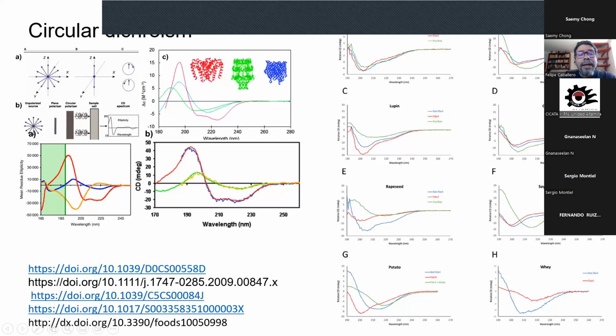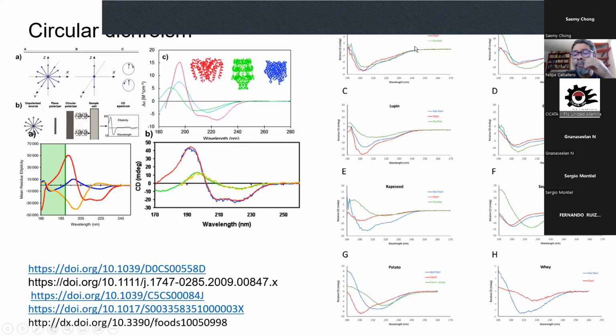So, for example, you have here different protein structures that can be readily identified by circular dichroism. You see that the response is very different for the different kinds of proteins. Here you have different protein sources.